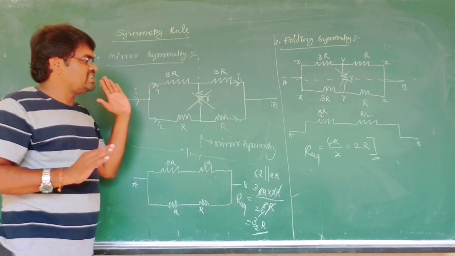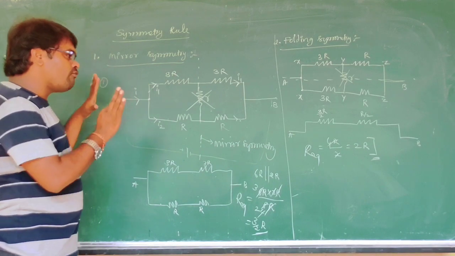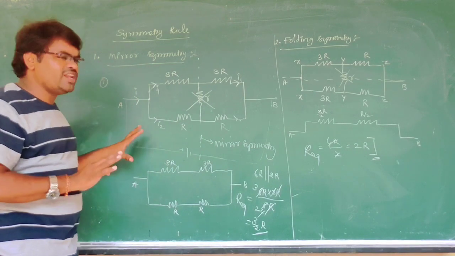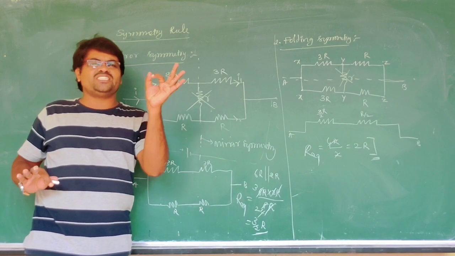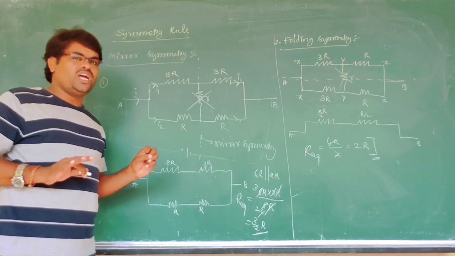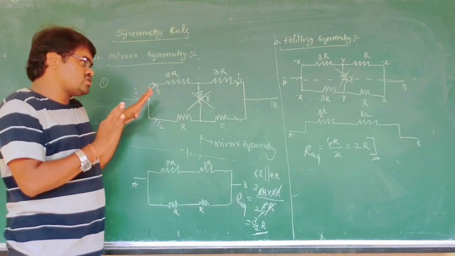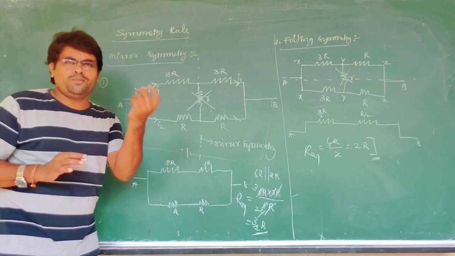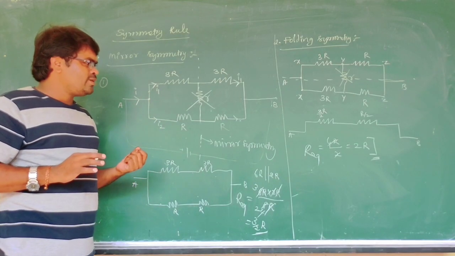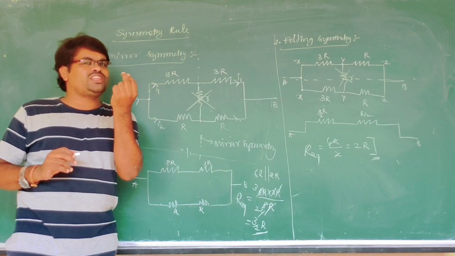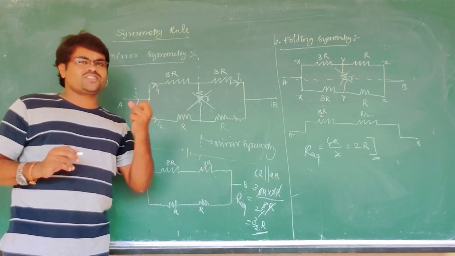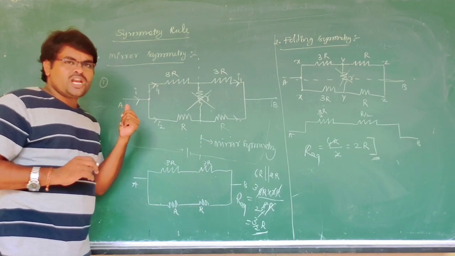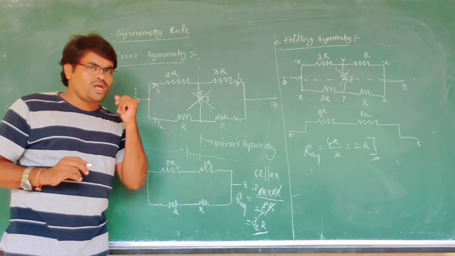This model is very important in IIT JEE Advanced and NEET level also. Within 45 seconds, and with more practice within 5-6 seconds, we can solve it. Now let's go to the problems.